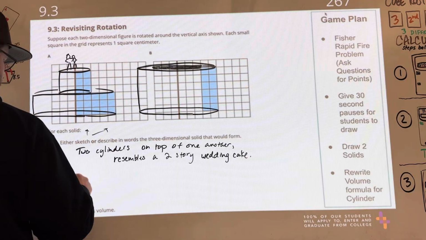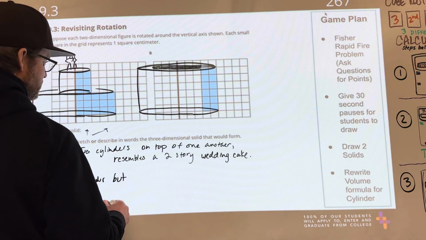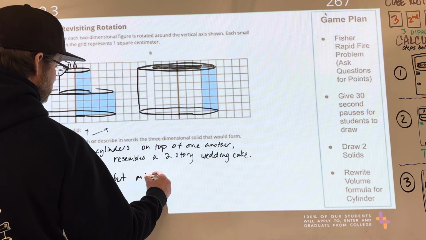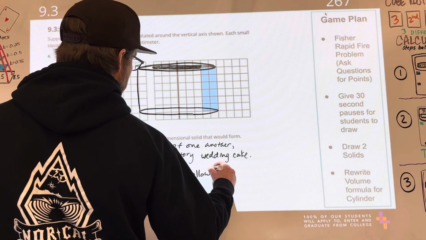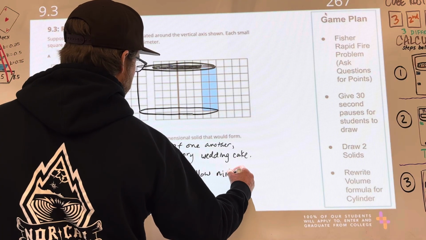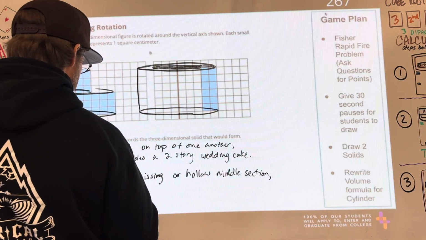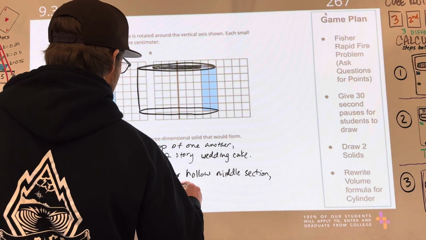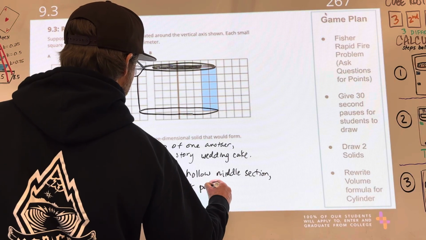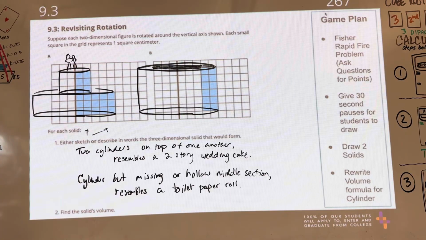Second one is a cylinder, but missing or hollow middle point. The middle section, you could call it. Resembles a toilet paper roll. Okay, so the first one looks like a wedding cake. The second one looks like a toilet paper roll.